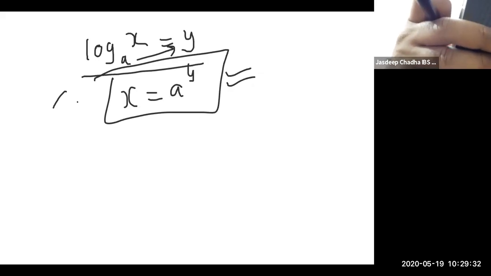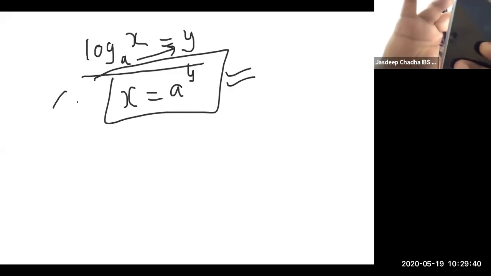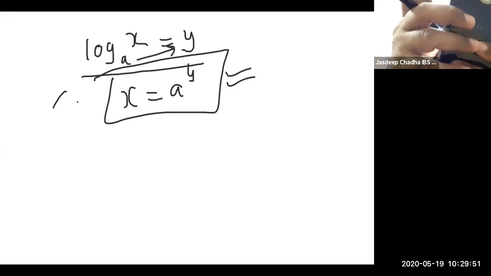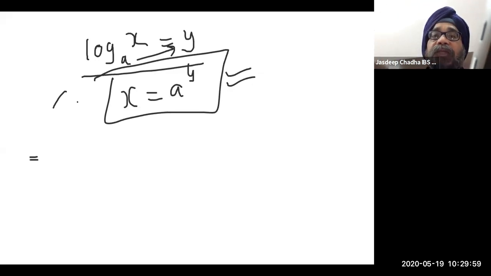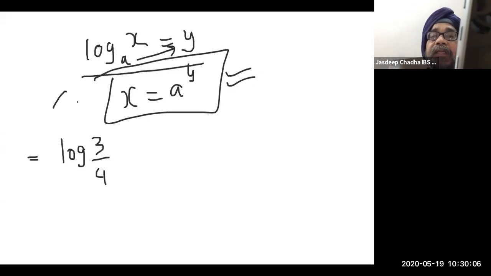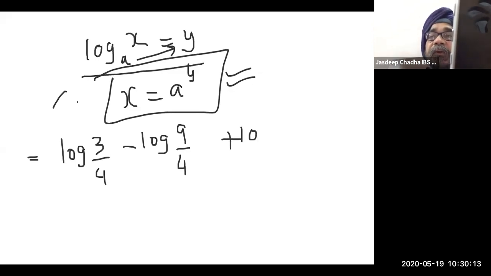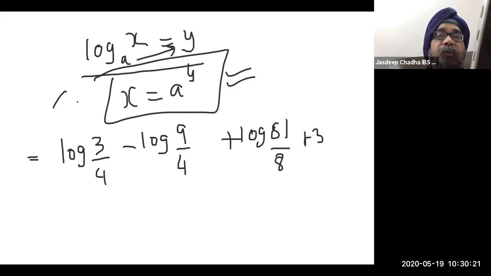Let me just write down a problem for you. Okay, now I'm going to write down a question here: log 3/4 minus log 9/4 plus log 81/8 plus 3 log 2/3.